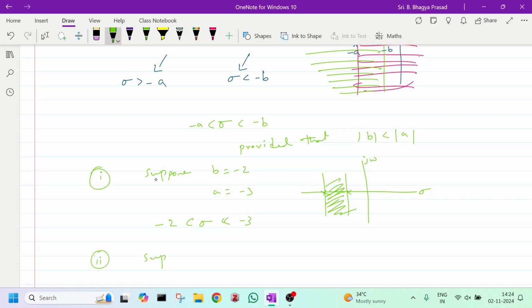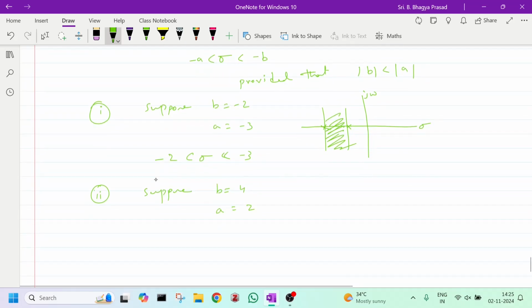Suppose B is greater than A, that is B is -4 and A is -2. So B lies here.